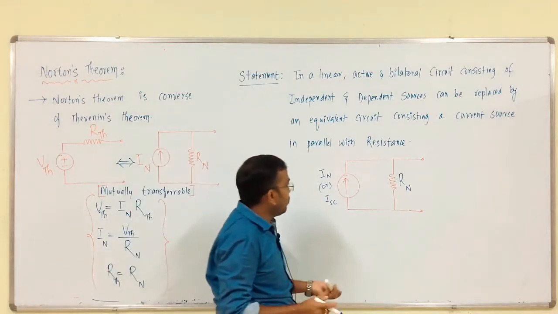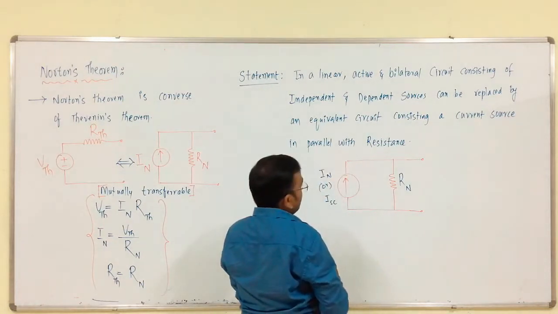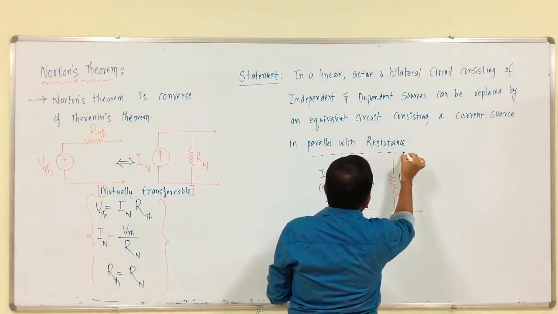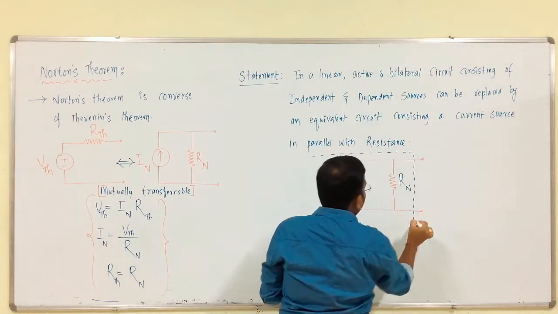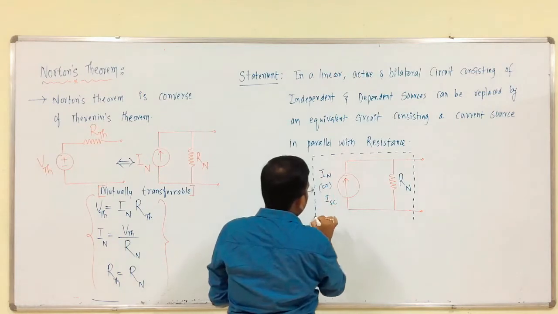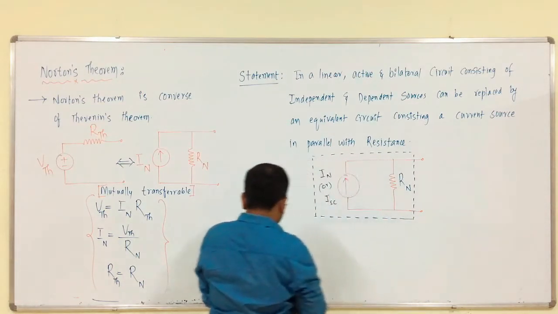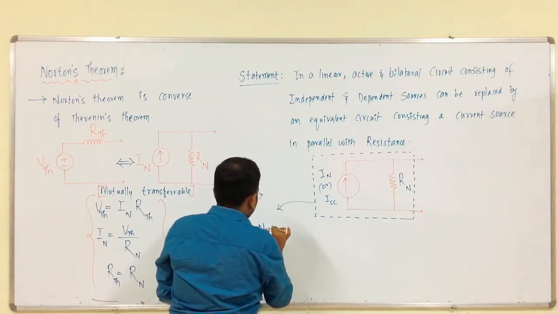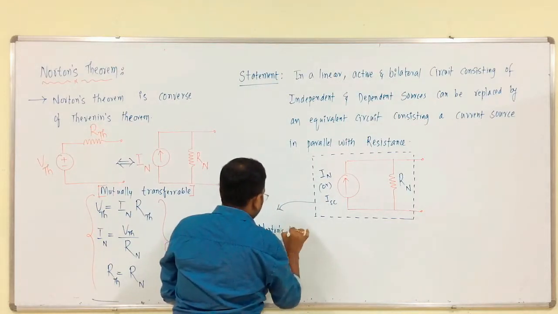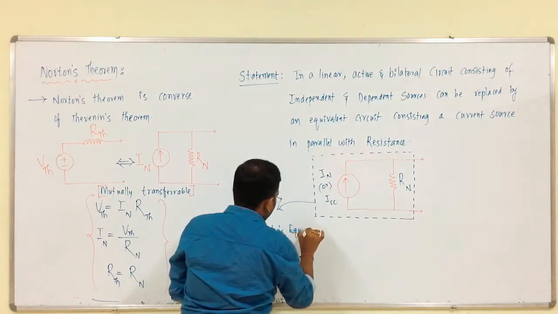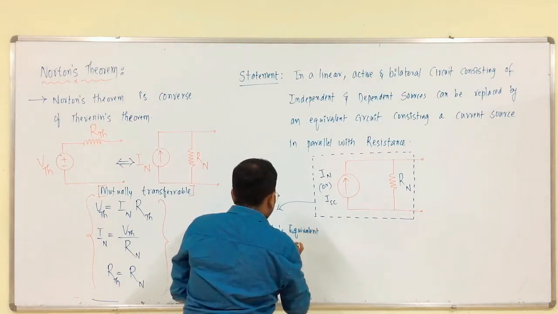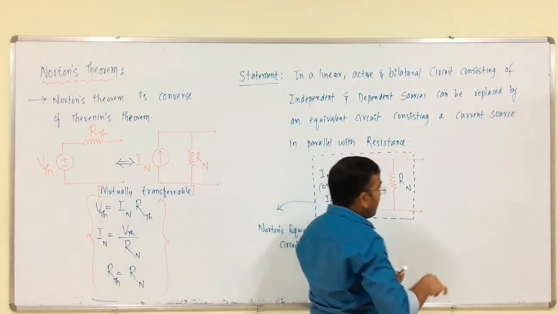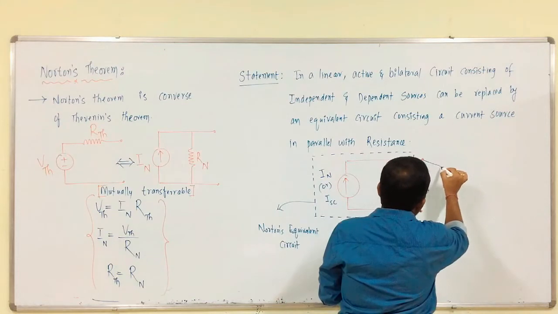So, this is the equivalent circuit of Norton's theorem. This is Norton's equivalent circuit.